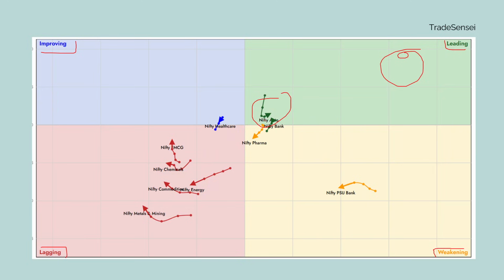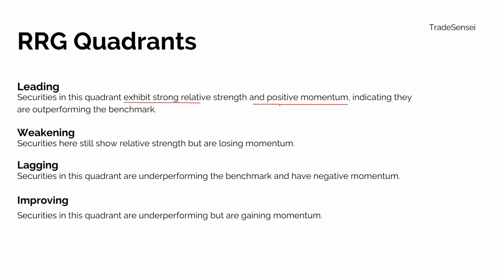So the indices or the stocks or the sectors that you have in this top right corner are relatively performing better as compared to the benchmark, and the momentum is very high. That means the stocks in this particular industry or sector are doing better as compared to the other ones.